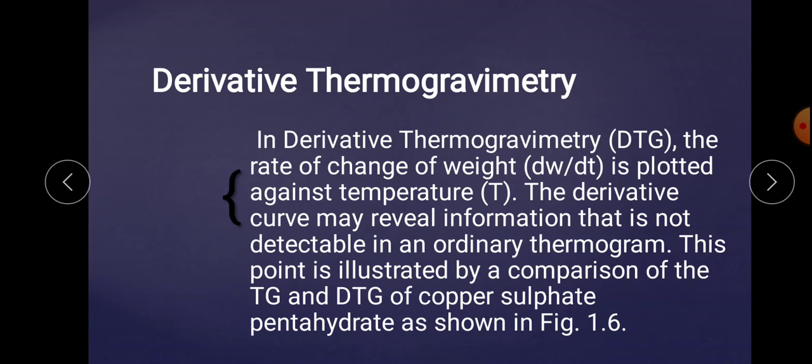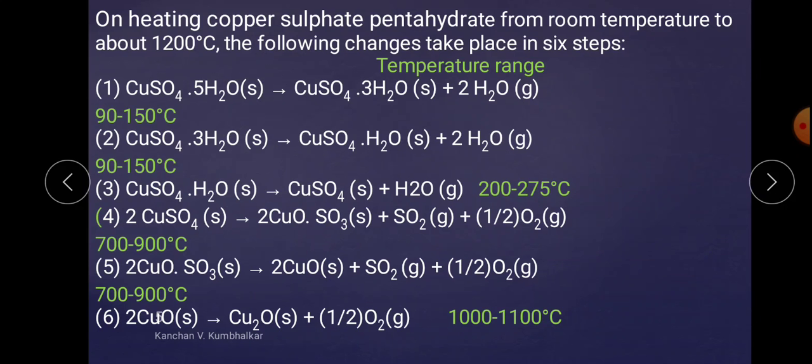This point has been illustrated by comparing the TG and DTG curves of a compound, copper sulfate pentahydrate, which is shown in figure 1.6. So let's check out the reactions first. We are considering one chemical, copper sulfate pentahydrate. This is your starting material.